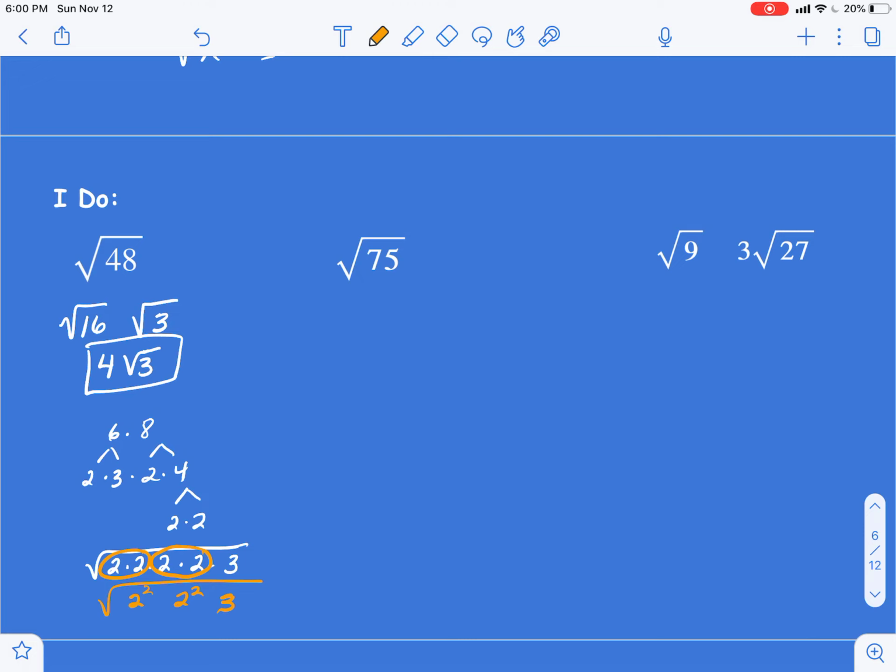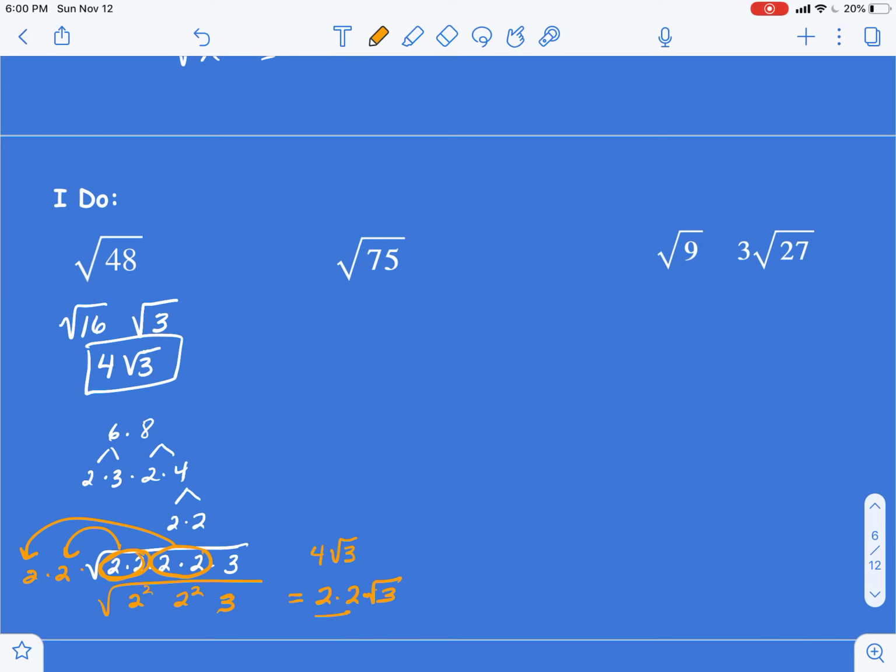And so the square root of 2 squared is just 2 and 2, and then the square root of 3 is left. Or I think of it as I take out a single 2 for each pair. Again, I'm left with 4 square root of 3.